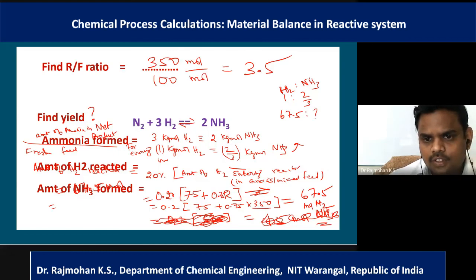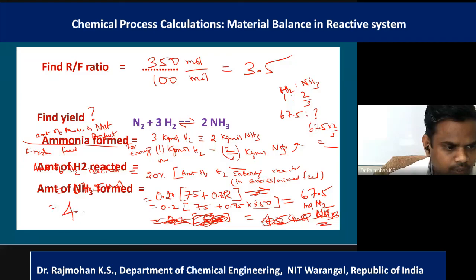So 67.5 into 2/3 divided by 1, we will get the answer, which will come out to be 45. 45 moles is the amount of ammonia formed.